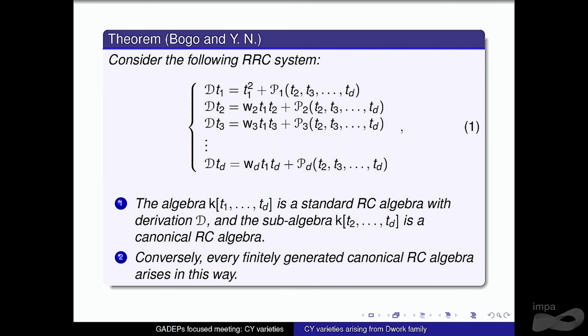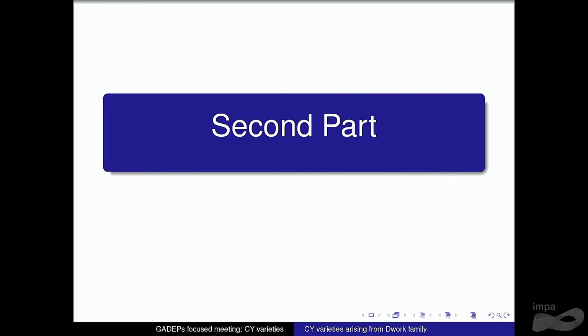We will see at the end of the talk why these conditions matter and how we relate them. So here I finished the first part, and now the second part.